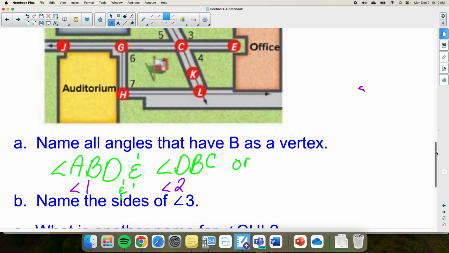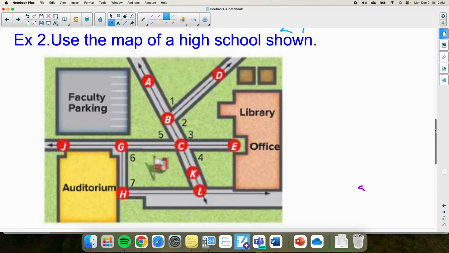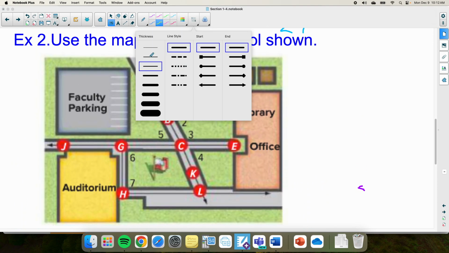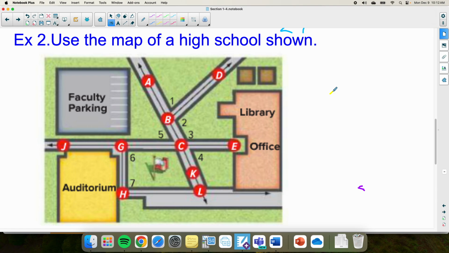Now it says name the sides of angle 3. So angle 3, this is one of the sides, and this is the other side. Do you guys get that it's that angle right there? To name the sides, you name them as a ray.